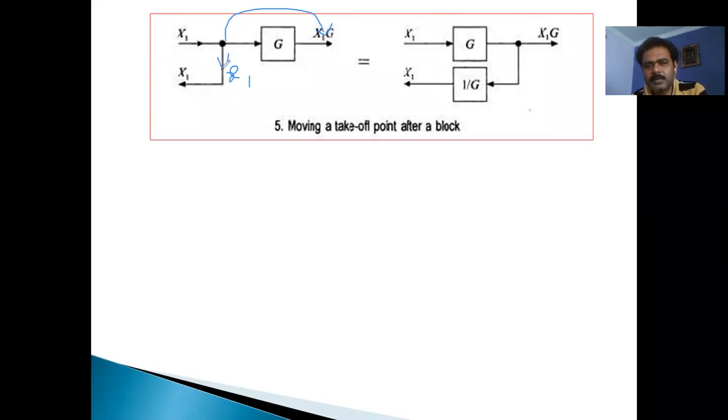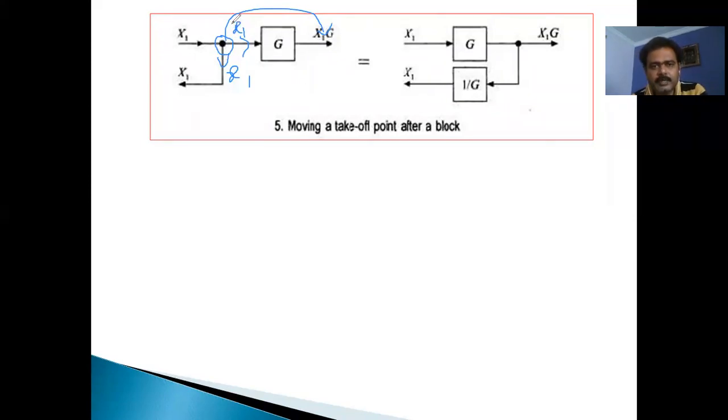Here input is x1, output is x1. Whatever the input, the same signal goes through all the branches.